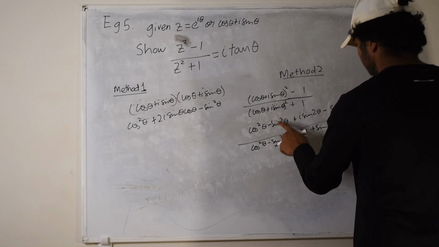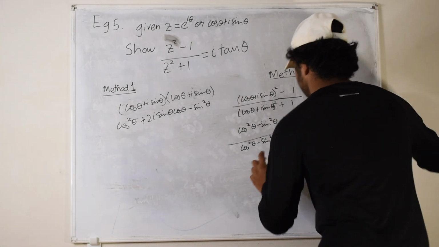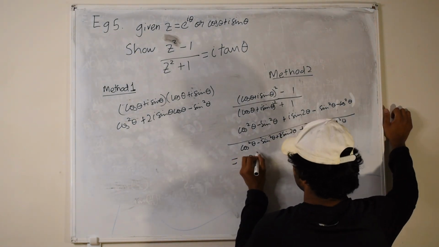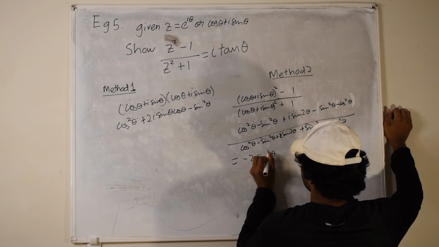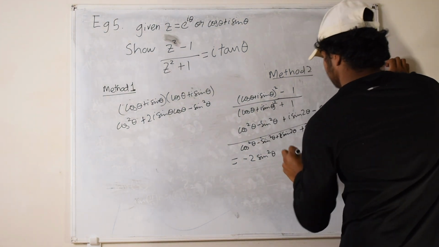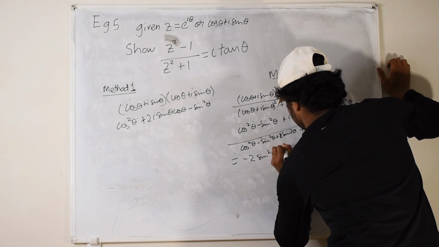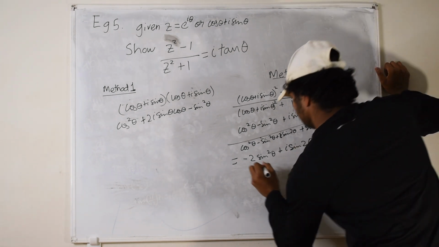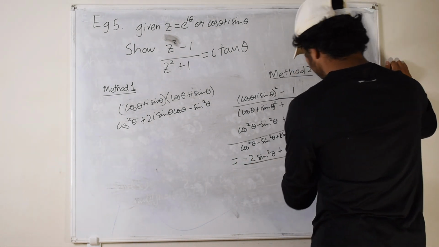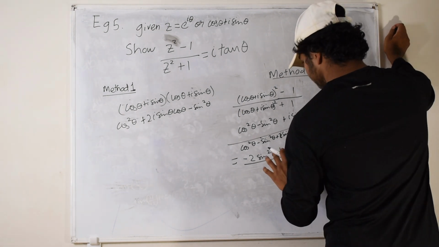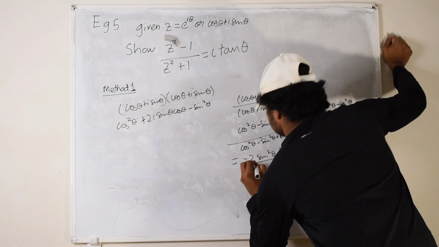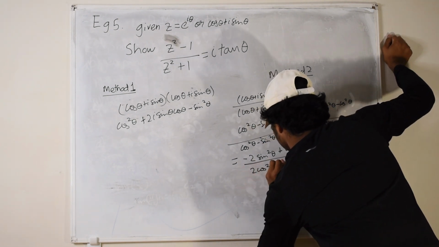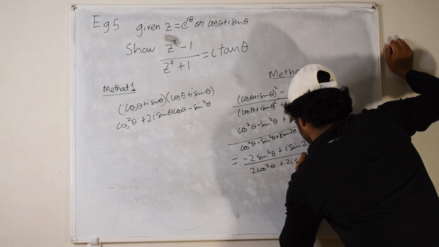So that and that cancel, this and this. The top then becomes minus 2 sin squared theta plus i sin 2 theta, all upon, the bottom, which becomes 2 cos squared theta plus 2i sin 2 theta.